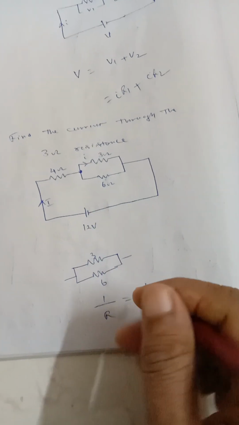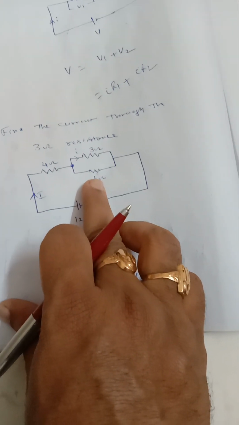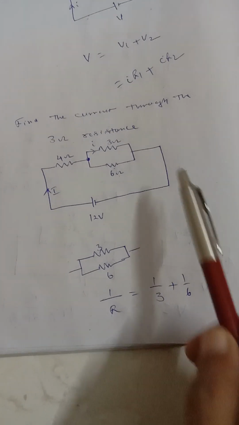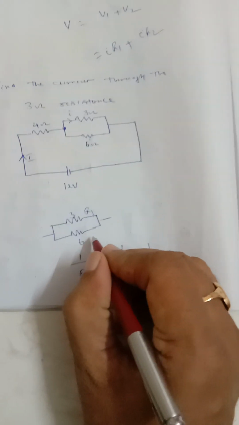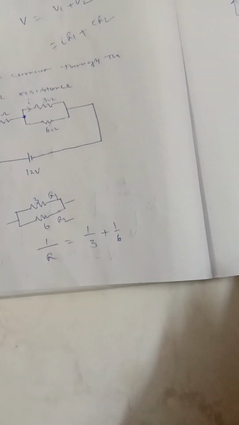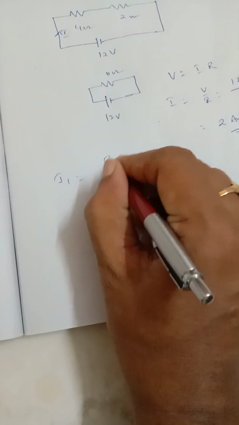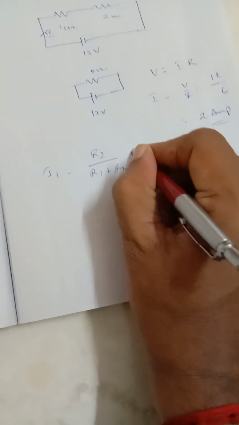Now we have to apply the formula I1 is equal to R2 by (R1 plus R2) into I. So he is asking about the current flowing through the 3 ohms resistance. That means take this 3 ohms resistance as R1 and 6 ohms as R2, then I1 is equal to R2 by (R1 plus R2) into I.